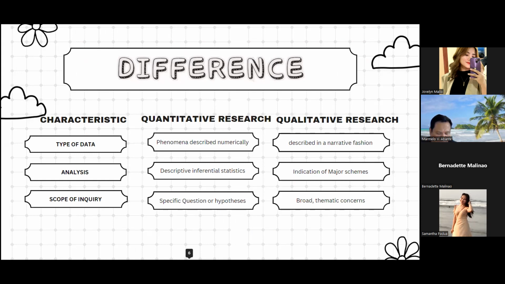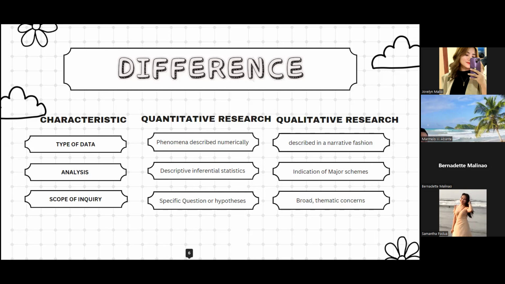So next is their difference when it comes to analysis. In quantitative research, it is descriptive and inferential statistics. It answers the question how many or how much, while qualitative research answers the questions how and why.